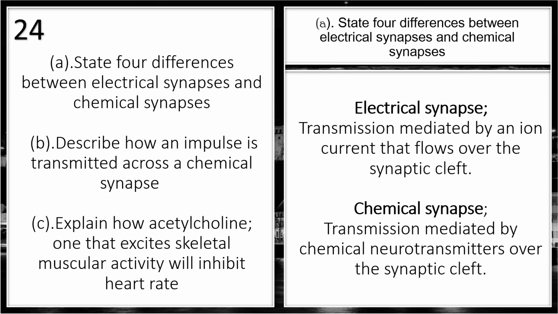Electrical synapse, the transmission is mediated by an ion current that flows over the synaptic cleft. In chemical synapse, the transmission is mediated by chemical neurotransmitters over the synaptic cleft.